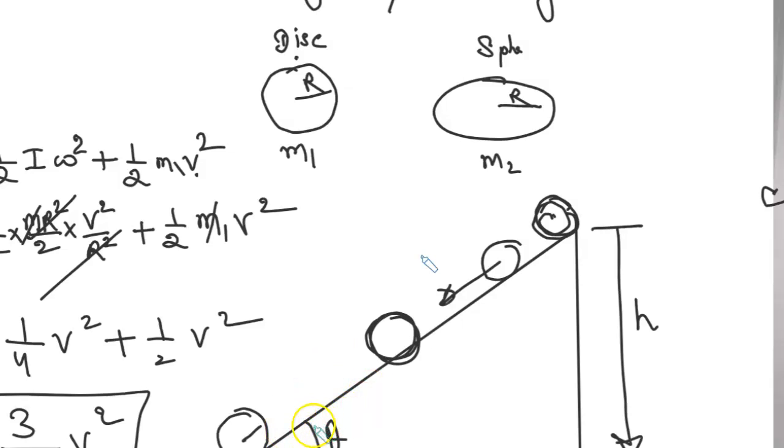So it has two kinetic energies: one is the rotational kinetic energy, half I omega square, and the other is the translational, or linear, kinetic energy. Okay, next question.